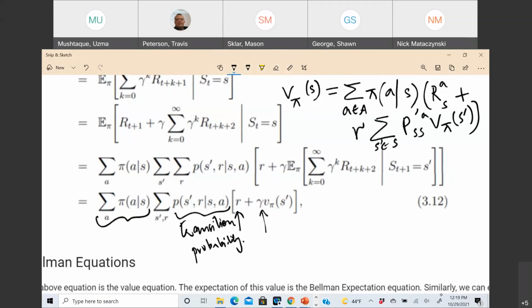These two are the same equations, right? The book takes a different notation for transition probability; we just denoted it in a different form. So this is a recursive way of denoting my state value function.